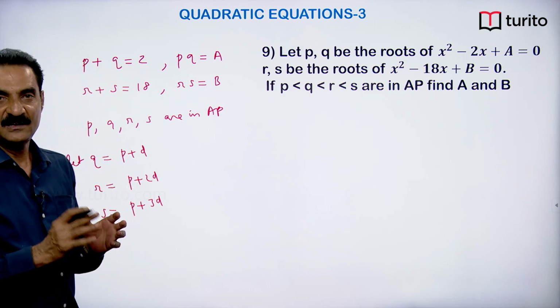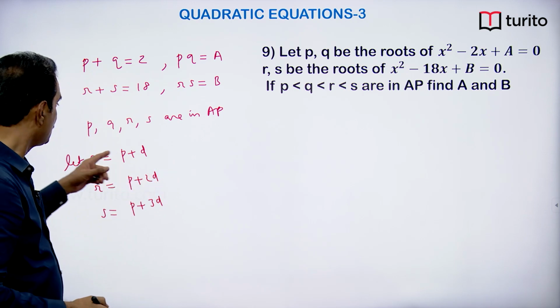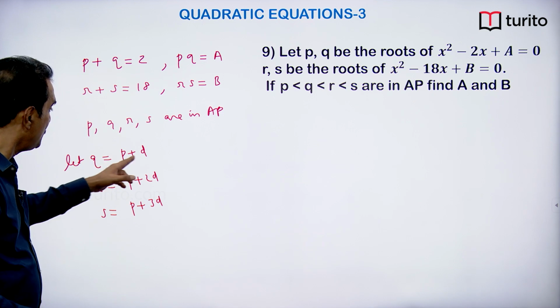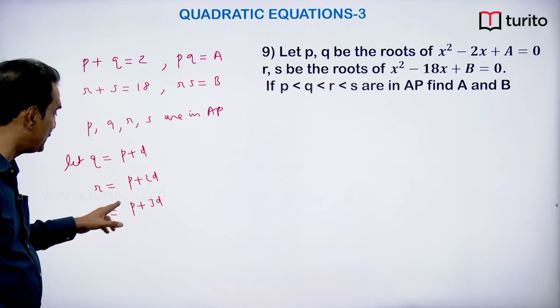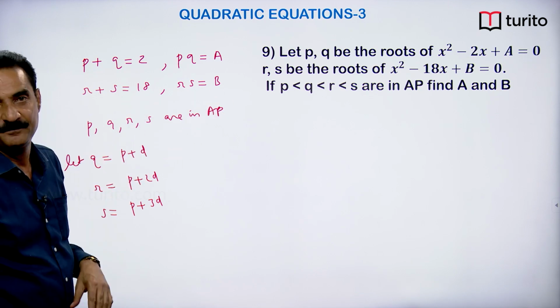You know that an arithmetic progression will be A, A plus D, A plus 2D, A plus 3D and so on. So, if the first term is P, common difference is D, second term will be P plus D, third term will be P plus 2D, next term is P plus 3D, because P, Q, R, S are in AP.